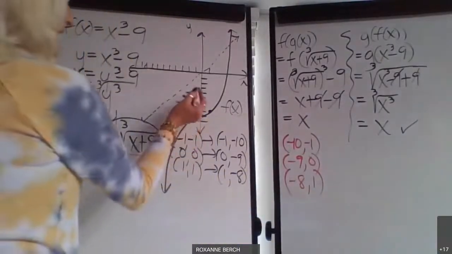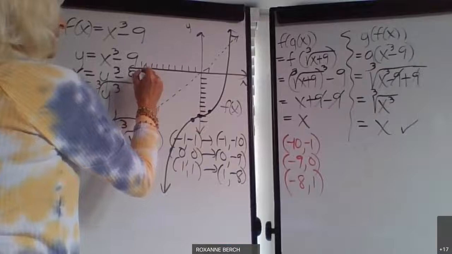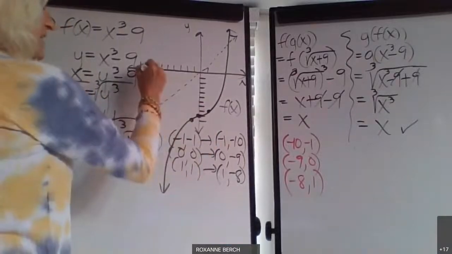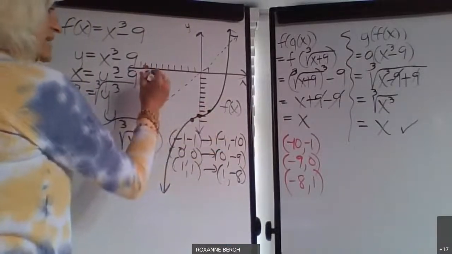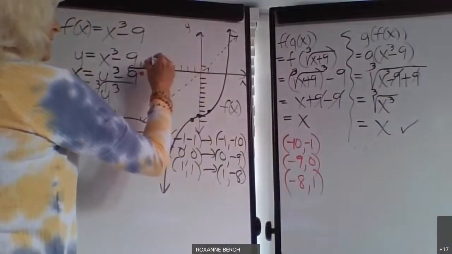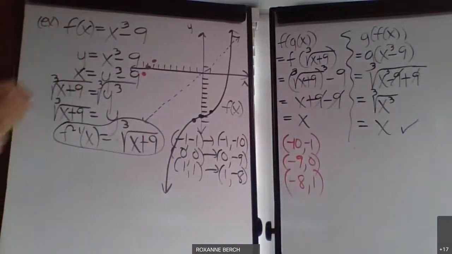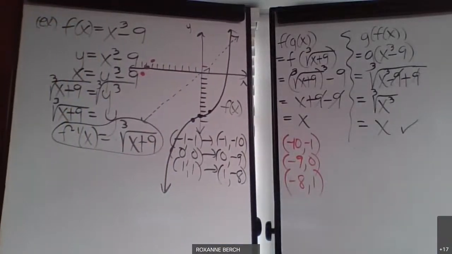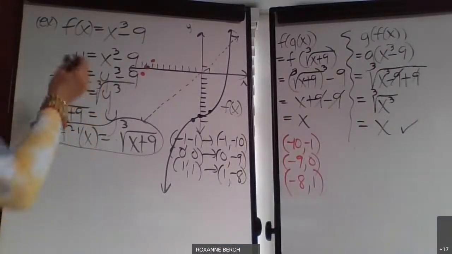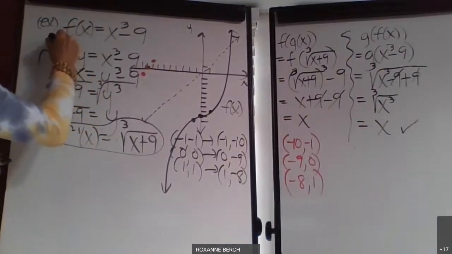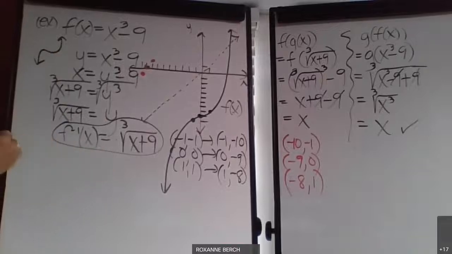So we go left 10, down 1. We go left 9, 0, and left 8, up 1. And remember that the cubic goes up on the right, down on the left, and the cube root goes right and left.